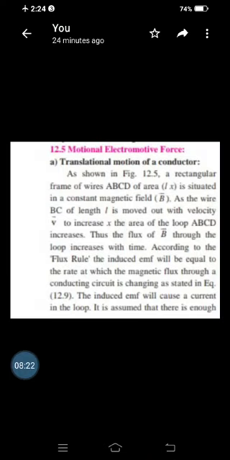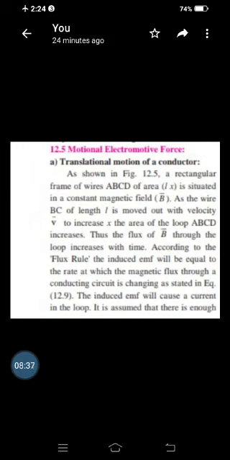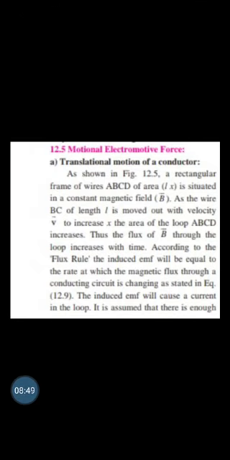The next article is motional electromotive force. In this diagram, we take a rectangular slide ABCD of conducting nature. As shown in the figure, a rectangular frame of wire ABCD of area Lx is situated in a constant magnetic field B bar. Why Lx?